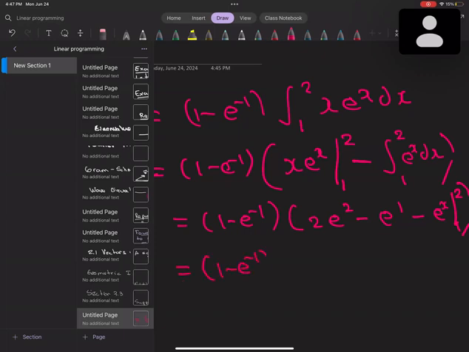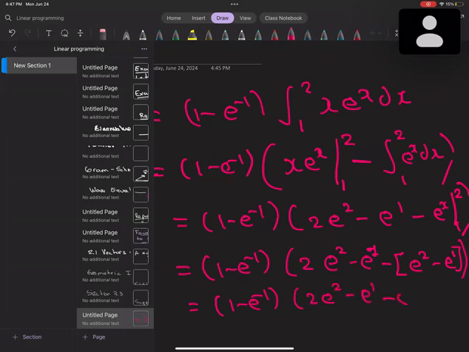One minus e to the minus 1. You get 2 e to the 2 minus e to the 1, minus e to the 2 minus e to the 1. We get 1 minus e to the minus 1, times 2e squared minus e to the 1 minus e to the 2 plus e to the 1.